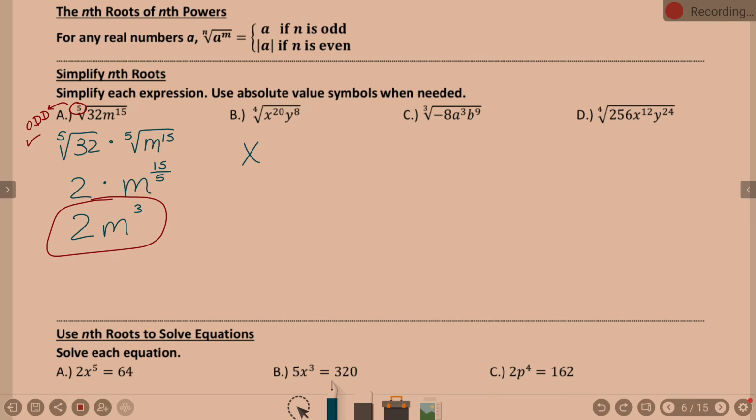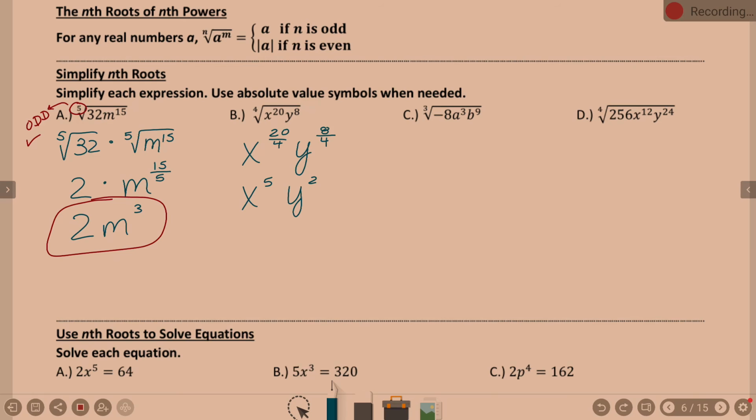So 20 over 4. Power always stays on top. Index goes in the denominator. Y to what power? 8 over 4. You're always taking your power and dividing it by the index. Well, does this clean up? x to the fifth, y to the second.